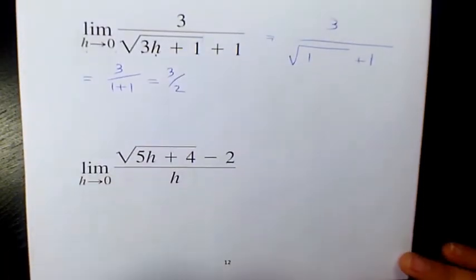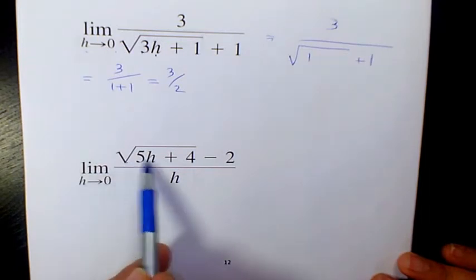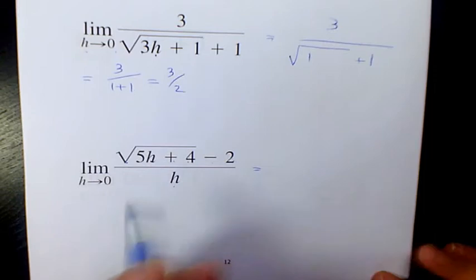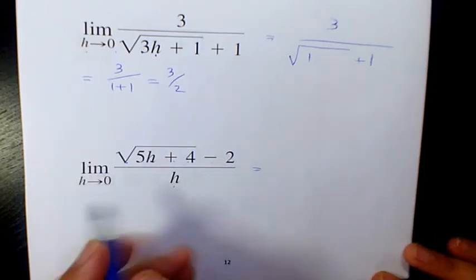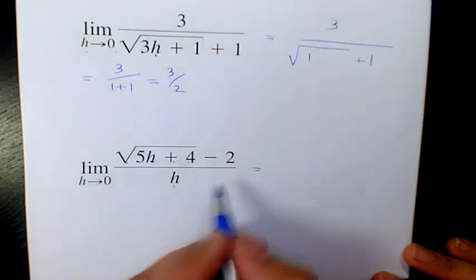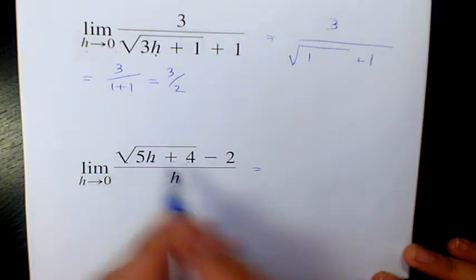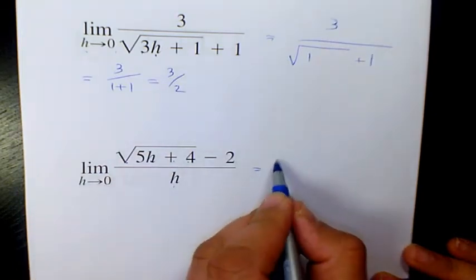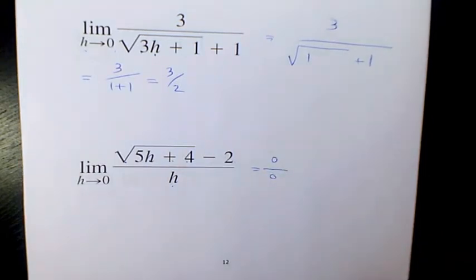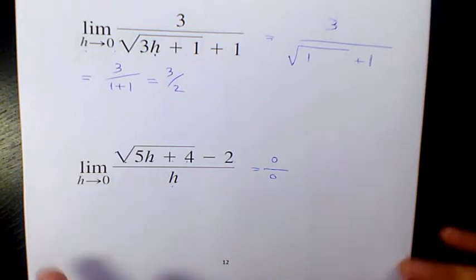Next one. Square root of 5h plus 4 minus 2, divided by h. So here, when you sub 0, it's going to be 2 minus 2, 0, divided by 0. What should we do? Here, we need to multiply it by the conjugate.